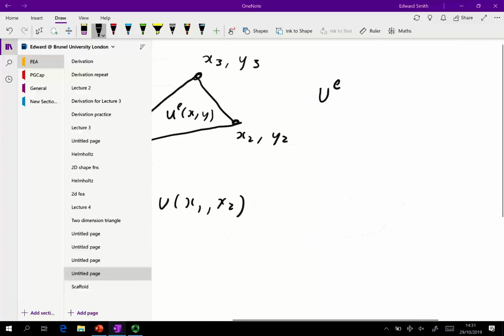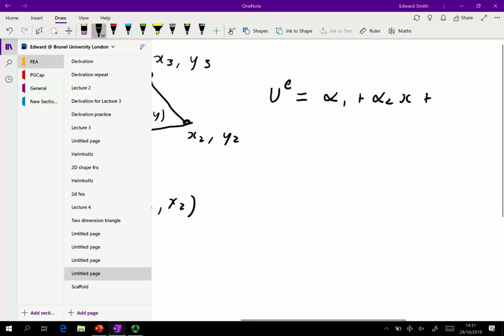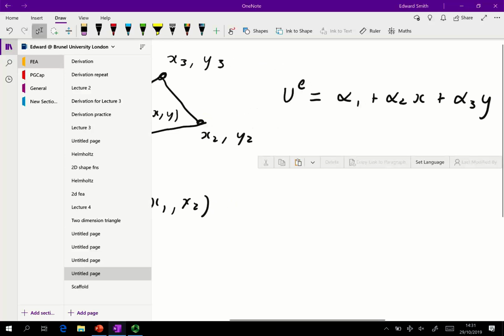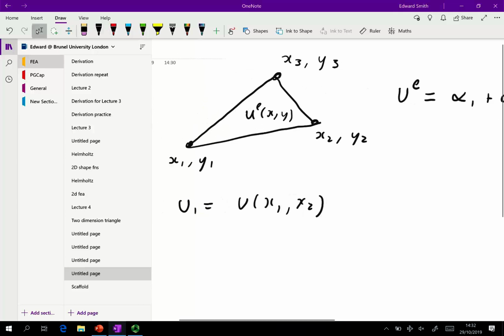The form of the element equation that we want is going to be of the form alpha 1 plus alpha 2 times x plus alpha 3 times y. To explain this form of the equation, you can think of this as being a constant point, and then this term that varies in x and this term that varies in y. This is the simplest function that will describe a triangle element, essentially. So it has the x dependence and the y dependence. And the trick now is we need to work out what the coefficients alpha 1, alpha 2, and alpha 3 are that actually define this element.